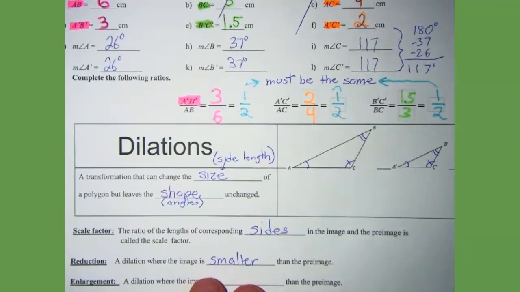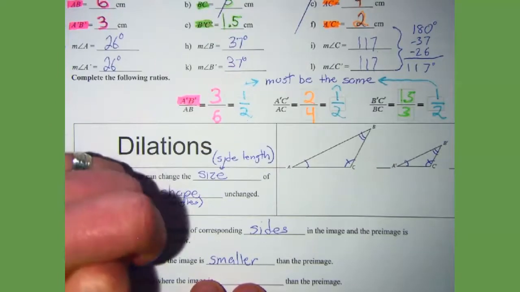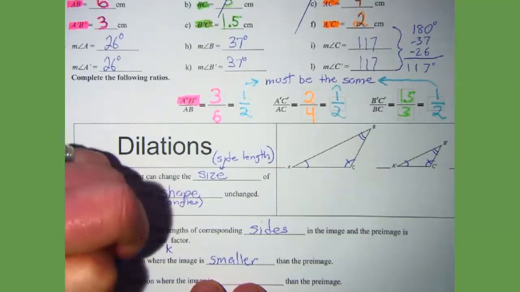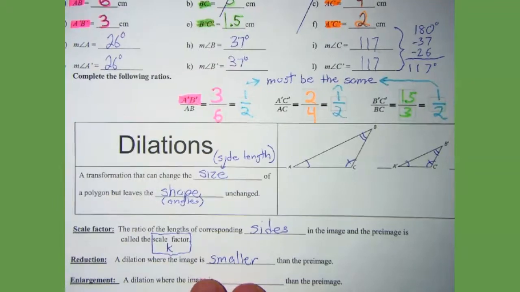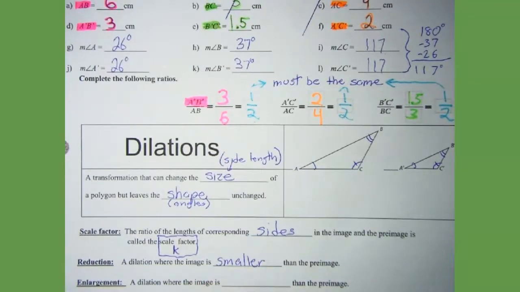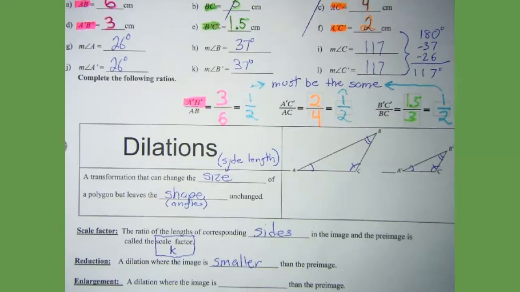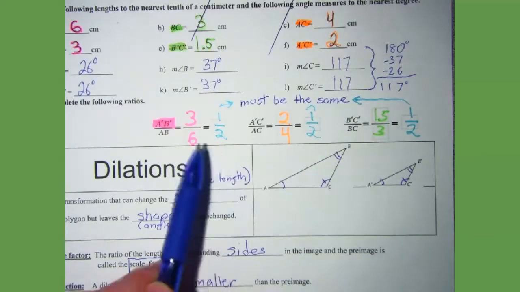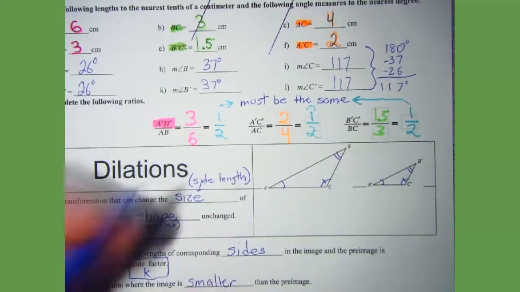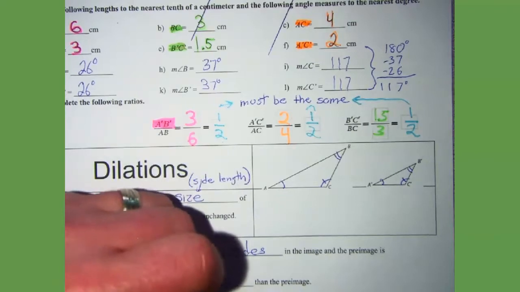By the way, for scale factor, we usually call that k, kind of like for slope we use m. If you say k equals something, mathematically it's assumed we're talking about a scale factor. So if it's getting smaller like we did above, you notice the k value is less than 1.